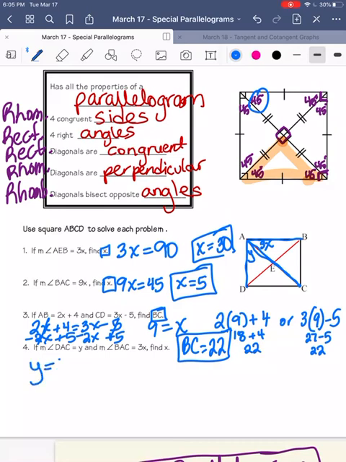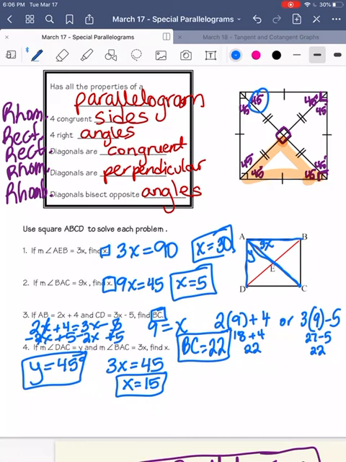So y is going to automatically equal 45 degrees. We don't have to put anything equal to that. And then if B to A to C is 3x, we're going to put that equal to 45 as well. If we divide by 3, x will equal 15.